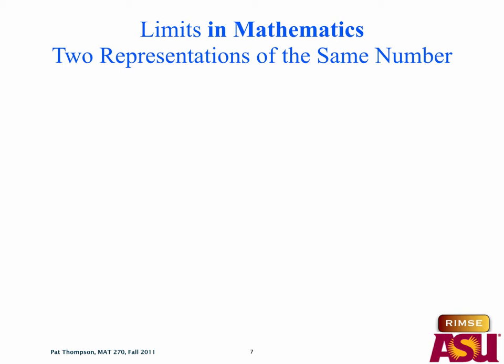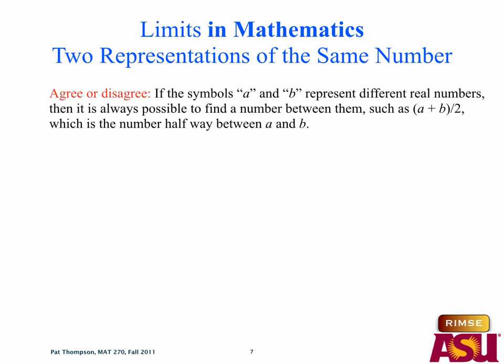So limit in mathematics: two representations of the same number. Let's ignore that title for a second and just think. If I take the symbols A and B and I say that they represent different real numbers, then it is always possible to find a number between them, such as their arithmetic mean, A plus B over 2, which is the number halfway between A and B. Do you agree or disagree with this statement?